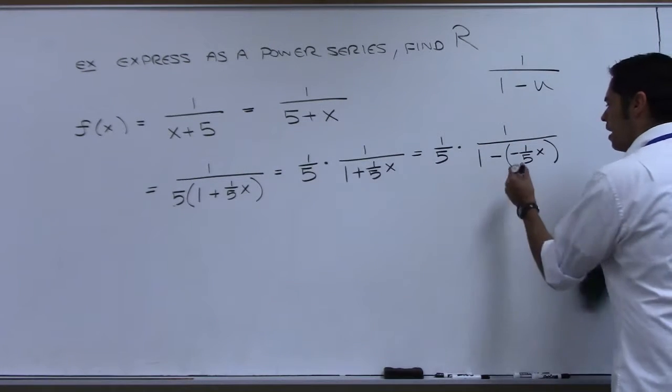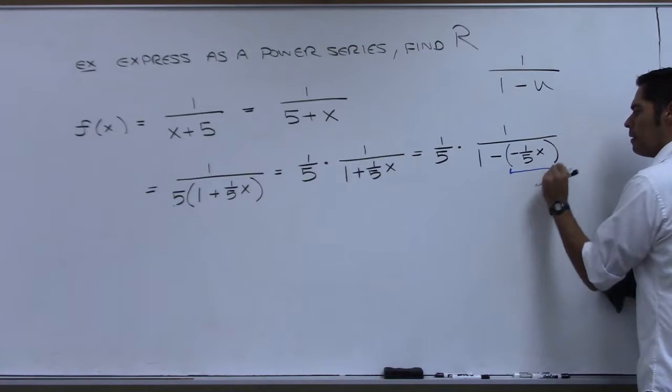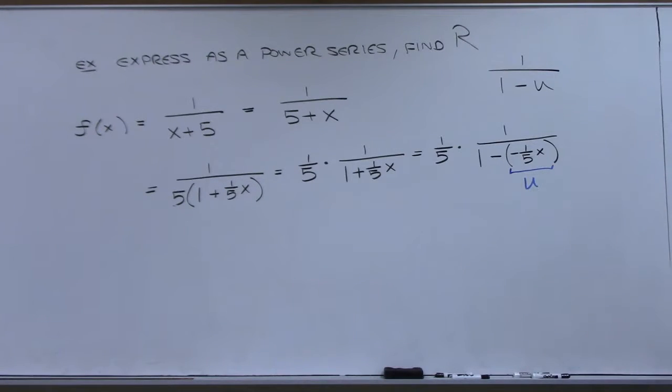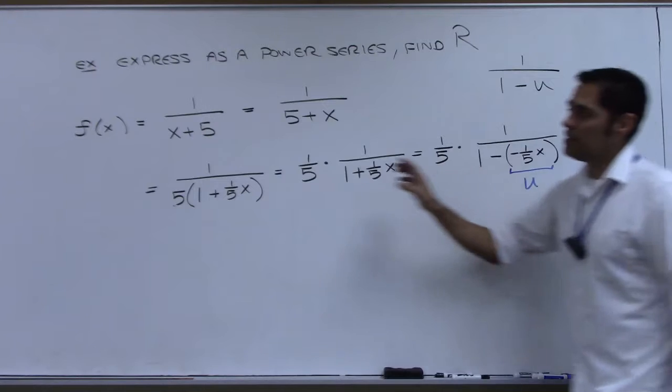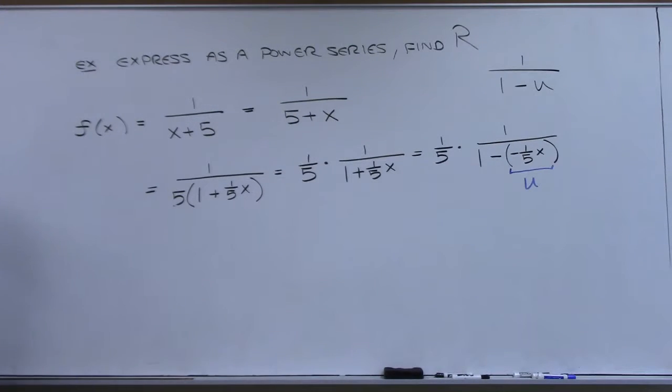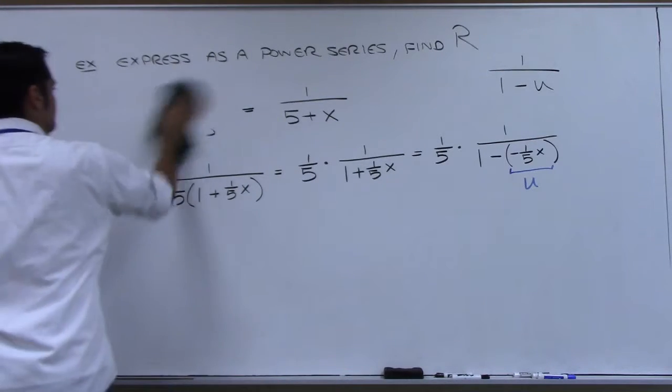The u for us is this, isn't it? That's the u. And so as long as the absolute value of this piece right here is less than 1, I can rewrite that with this power series, can't I? So that's what I'm going to do.